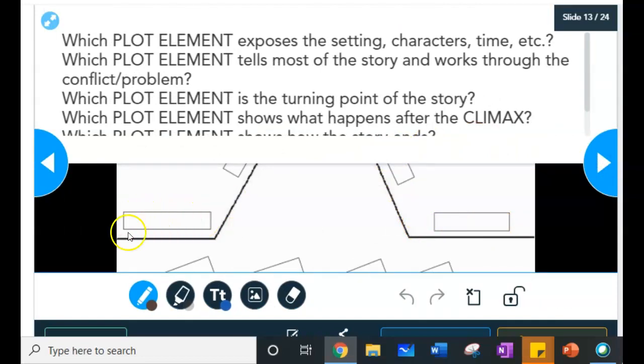You're going to start with the beginning of the story, the setting. You're going to hit the part that tells most about the story and works through the problems, then the turning point of the story, then what happens after the climax, and then how everything ends up. All the problems are resolved. The final story is resolved.